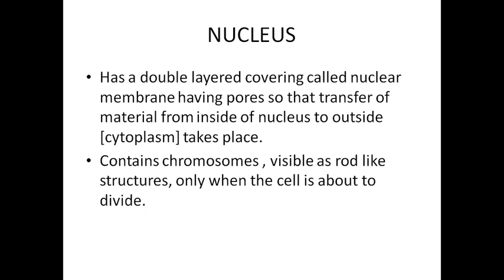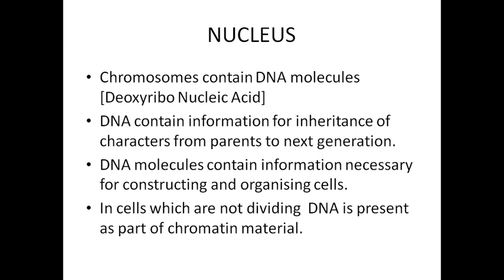Now what does a nucleus consist of? It contains the chromosomes, which are visible as rod-like structures only when the cell is about to divide, when the cell has to divide to form two new cells. At that time chromosomes become visible as rod-like structures. This chromosome contains DNA molecules. You very clearly know deoxyribonucleic acid, DNA.